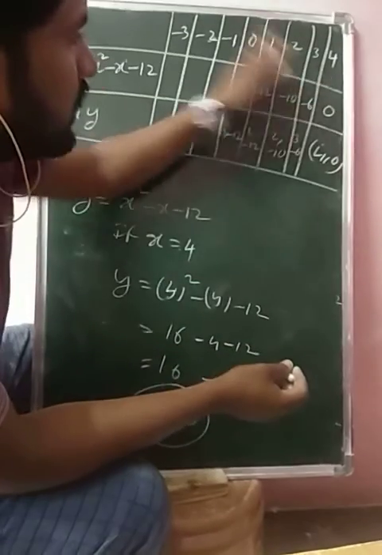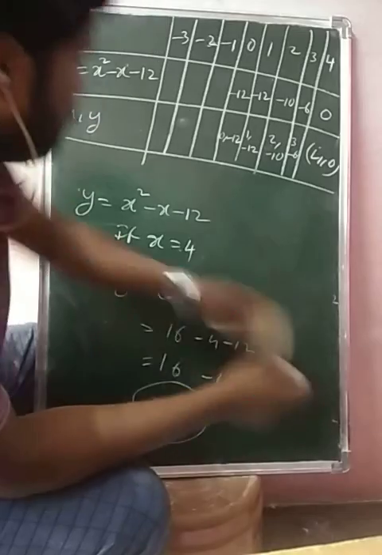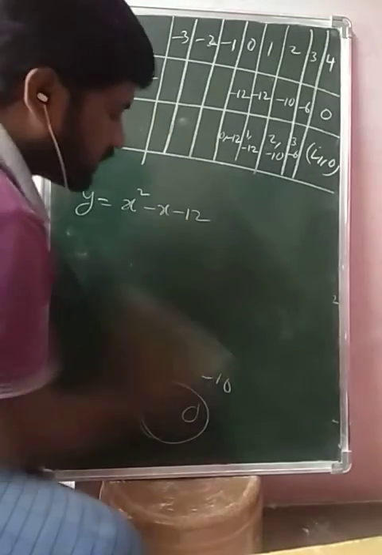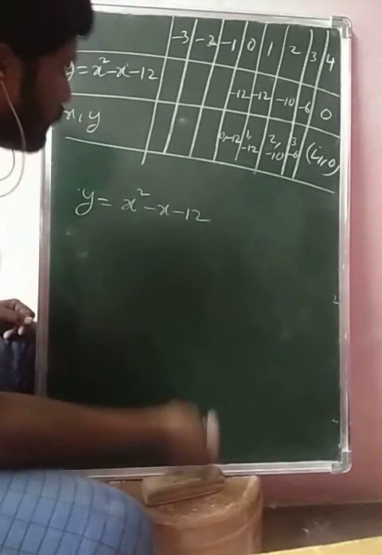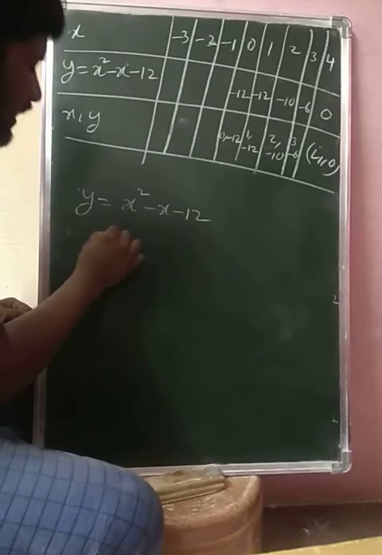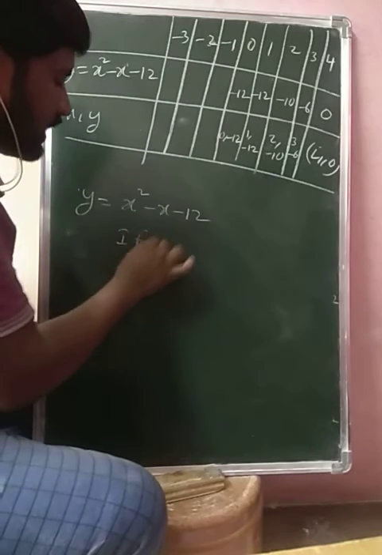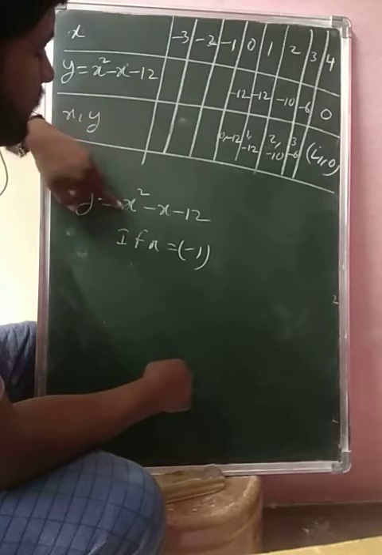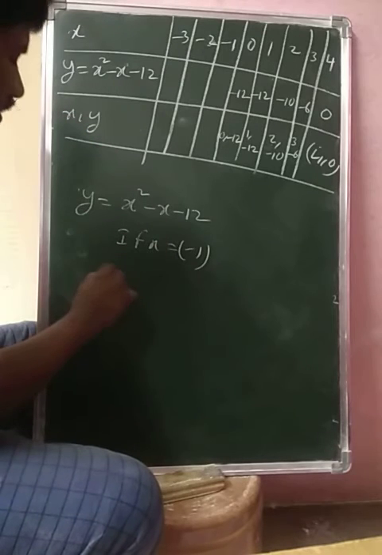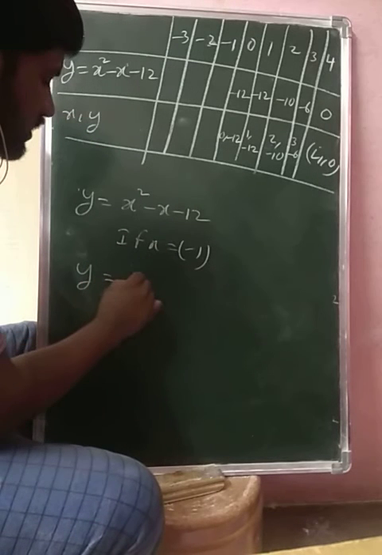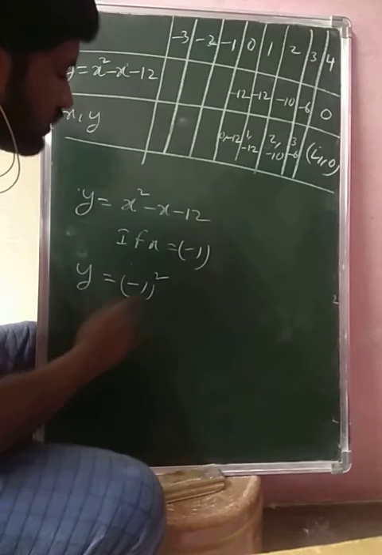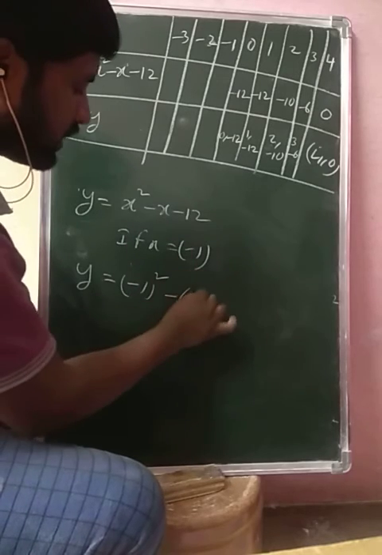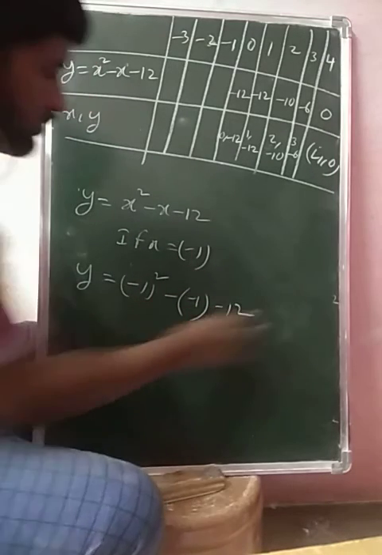So like this I take it this side, and another side taking negative values. If x is equals to minus 1, I am taking in the place of x minus 1, then what happened? y is equals to x square means that is minus 1 square, minus 1 minus 12.